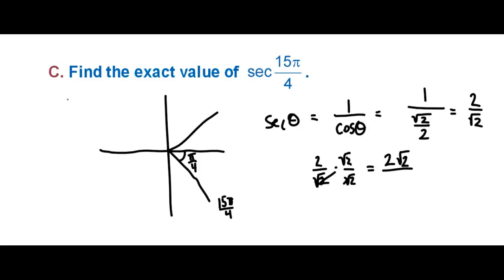When we get rid of the radicals, we have 2. So then those will cross out and we get the square root of 2. And now, remembering that the sign of cosine is going to be positive in the fourth quadrant, that would also make my secant positive. So we'll just leave that at square root of 2.